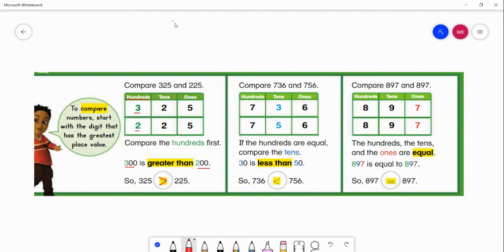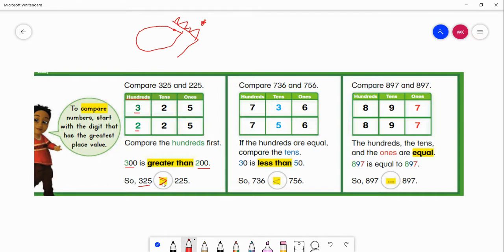I always have been taught that the crocodile always eats the bigger number, so if you put a little eyeball right here, the crocodile always eats the bigger number. The bigger number in this situation is 325, so the crocodile is eating the bigger number.